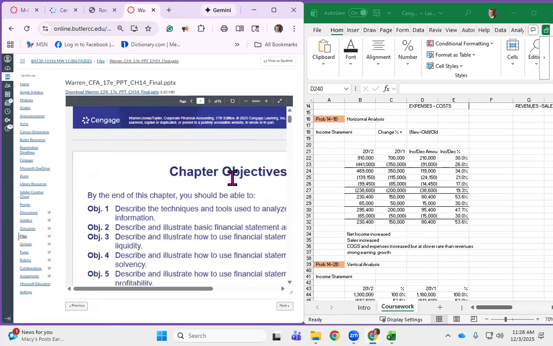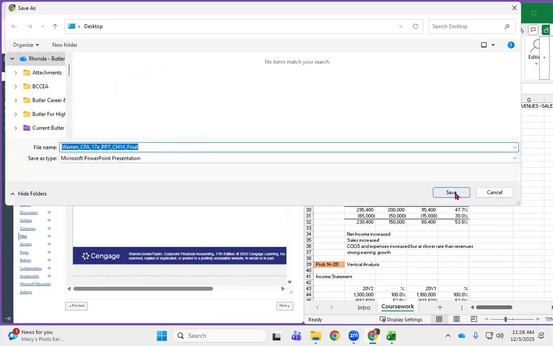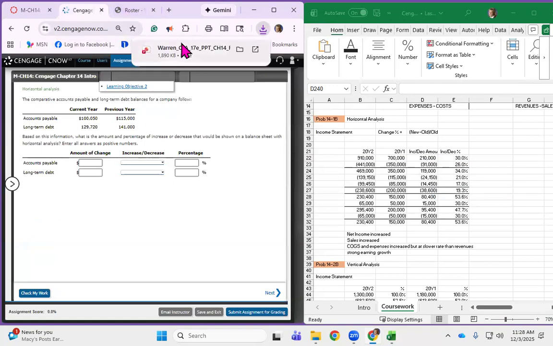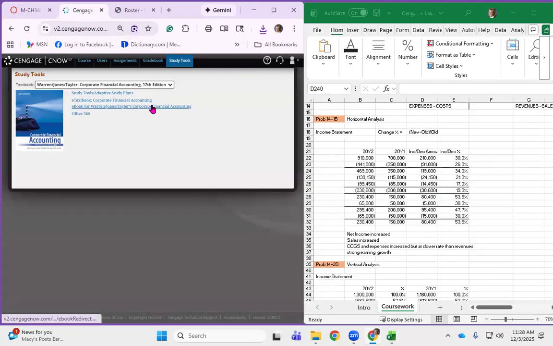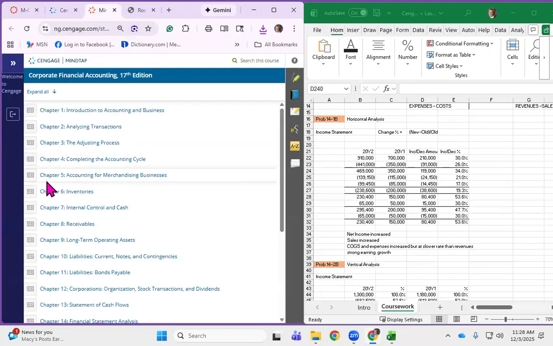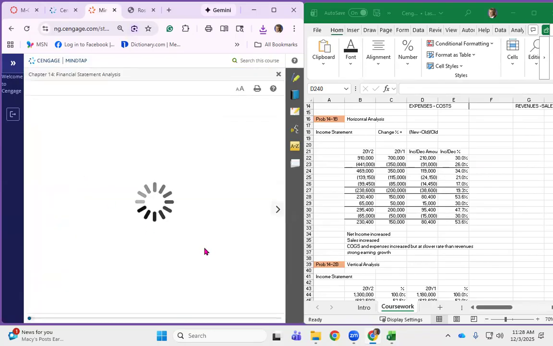I'm going to download this, so hang on just a second. I'm also going to get the ebook because I want you to be able to recognize horizontal and vertical analysis. Horizontal means side to side, and vertical means up and down. Let me show you what it looks like from the ebook.